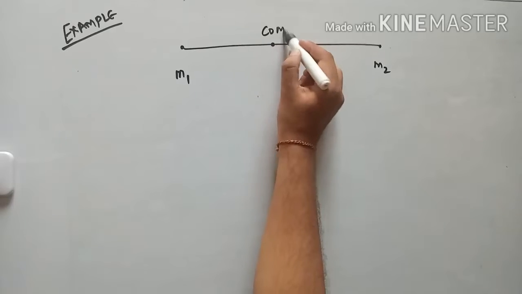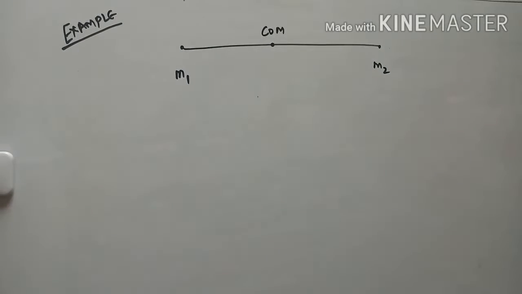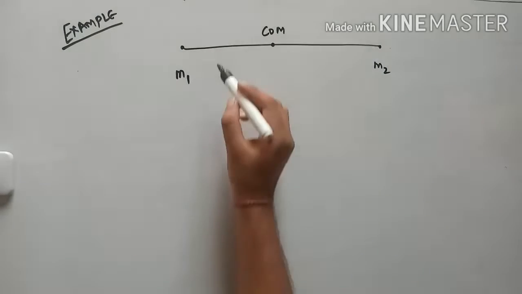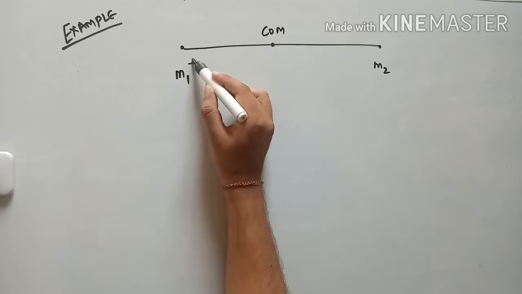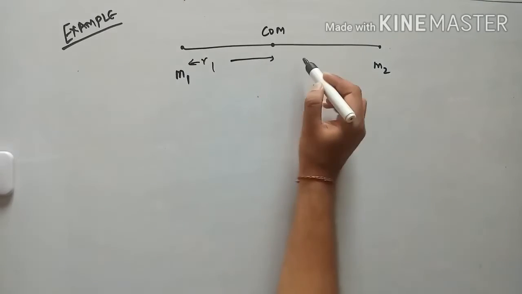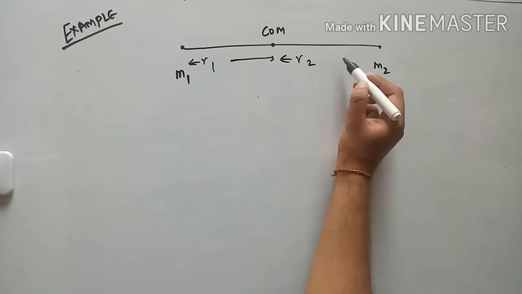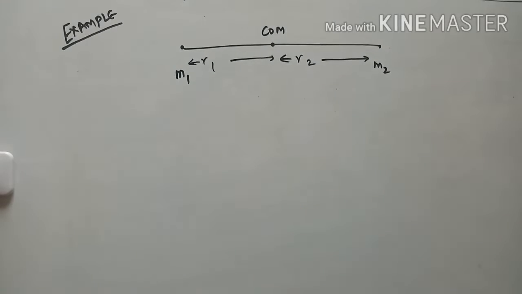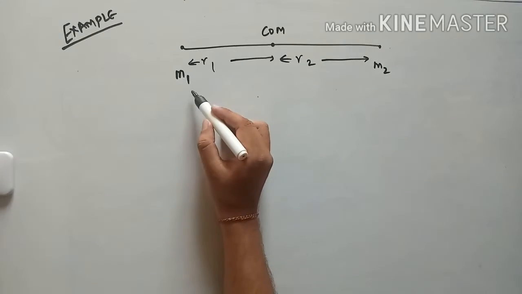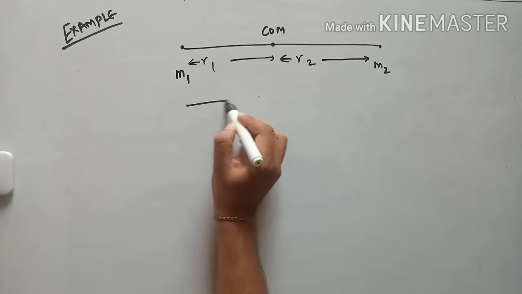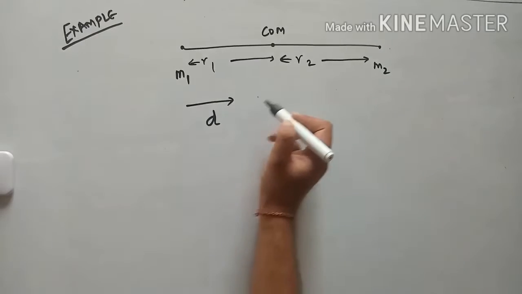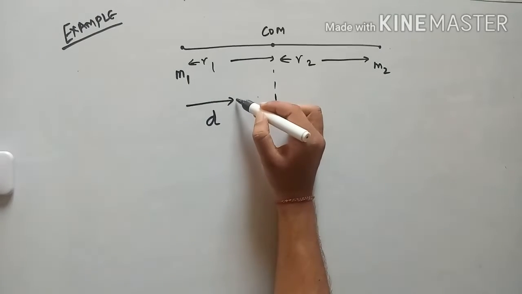Now if this distance is, let us say, r1 and this distance is r2, so you have been given these distances in the equation, that is m1 is at r1, m2 is at r2 from the center of mass.